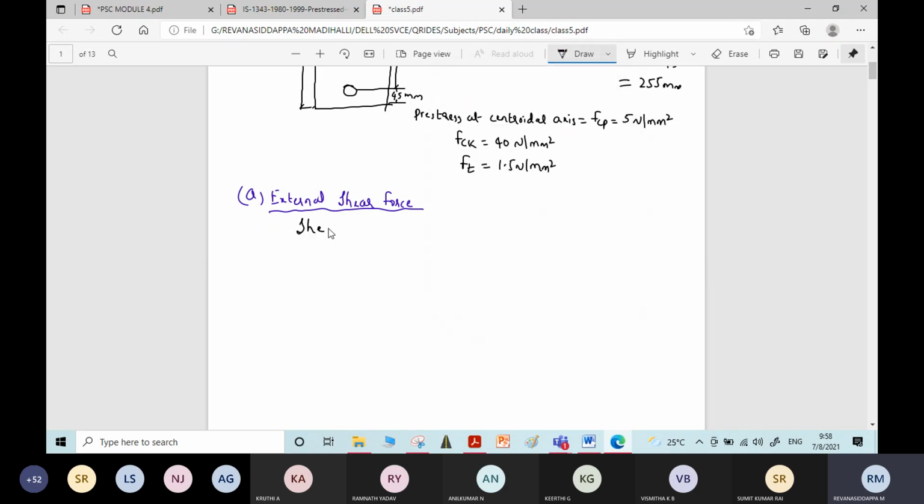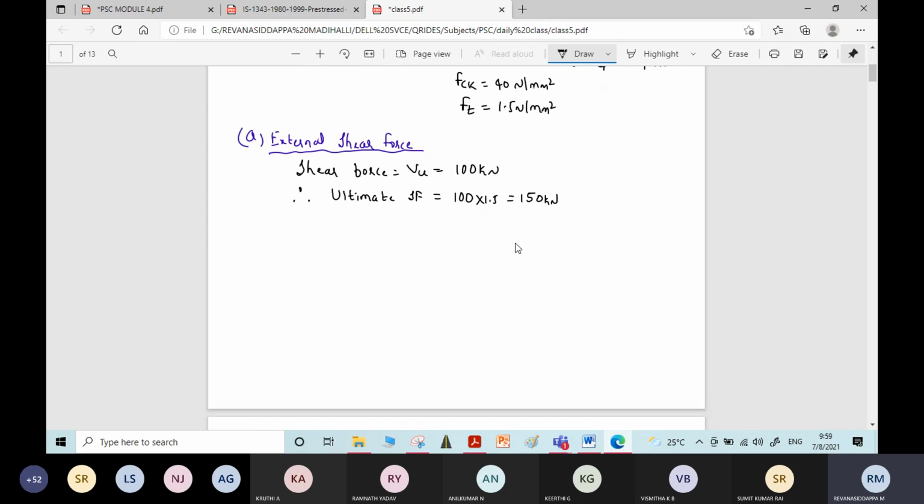The shear force given is how much? 100 kilonewton. Therefore, the factored shear force, or the ultimate shear force, is equal to 100 into 1.5, which is 150 kilonewton. That is the ultimate shear force.